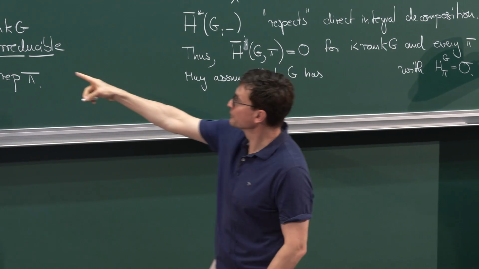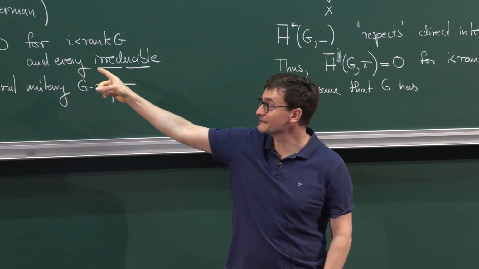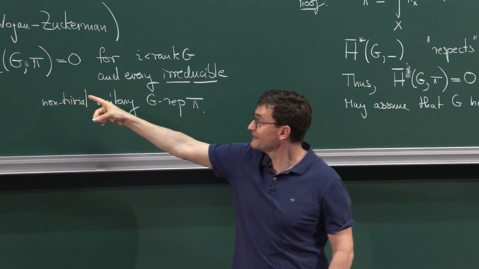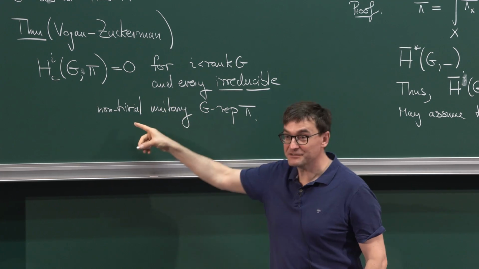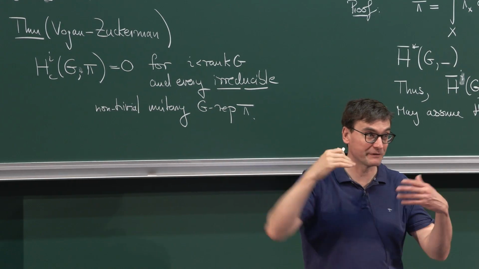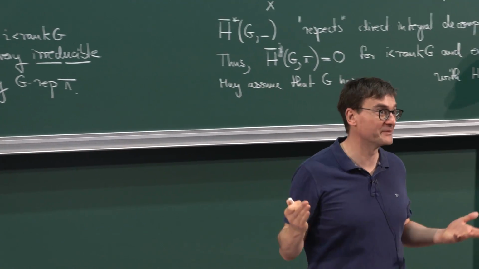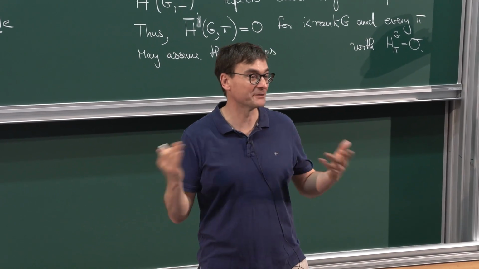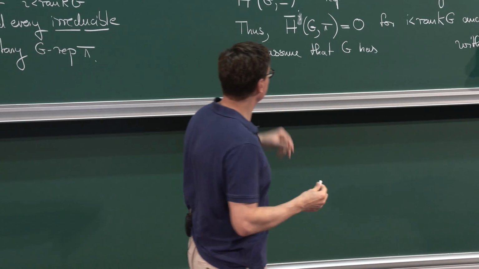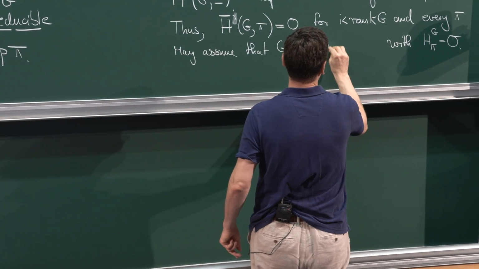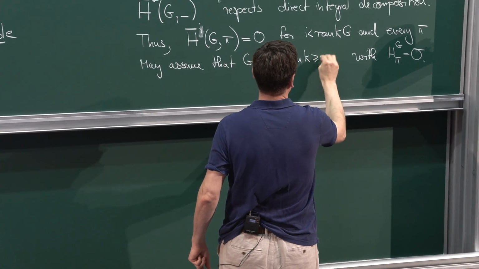I mean, there is no statement here if the rank is 1, right? Then it's a statement about the 0th cohomology, and the cohomology in degree 0 of a non-trivial representation without invariant vectors is 0. So it's obviously true, but it's not an interesting statement. So we might assume rank at least 2, and so we may assume that G has property T.